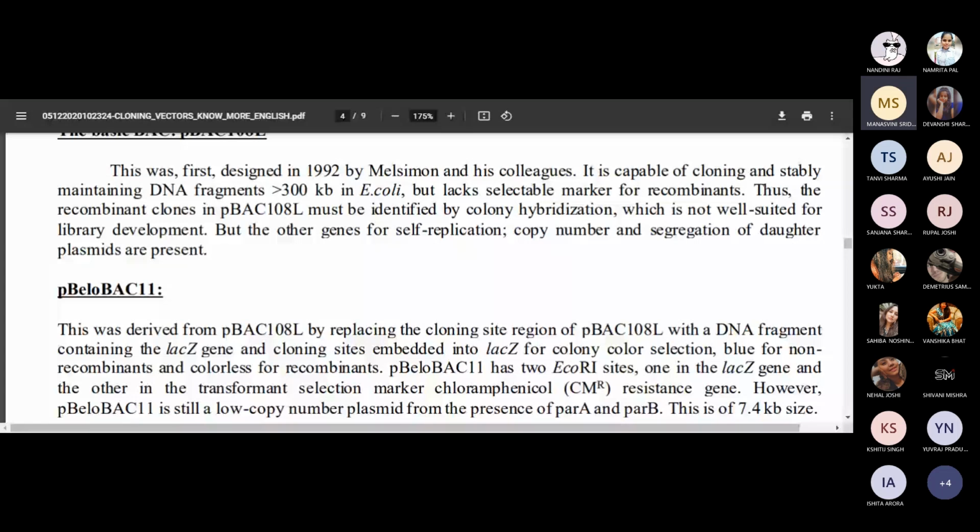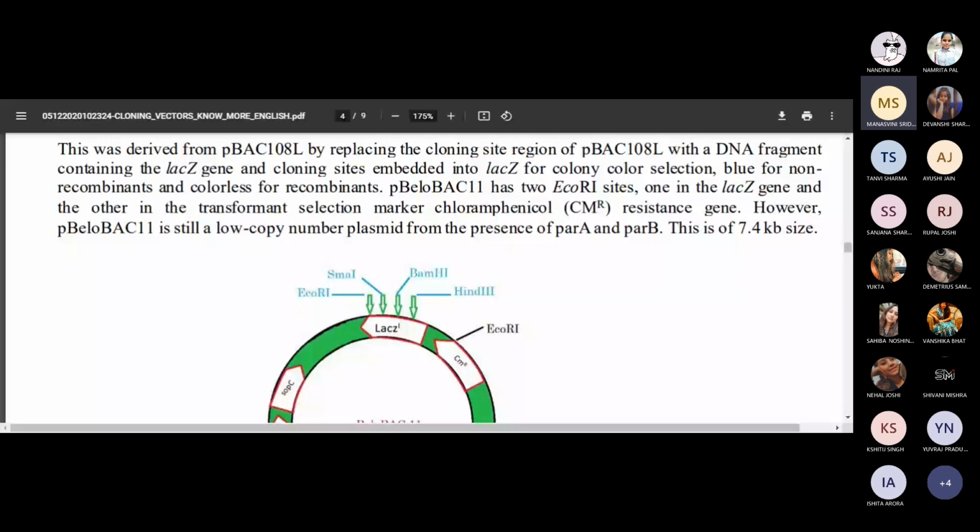This was derived from pBAC108L by replacing the cloning site region of pBAC108L with a DNA fragment containing the lacZ gene and cloning sites embedded into lacZ for colony color selection: blue for non-recombinants and colorless for recombinants. pBeloBAC11 has two EcoRI sites, one in the lacZ gene and the other in the chloramphenicol resistance gene, the transformant selection marker. However, pBeloBAC11 is still a low copy number plasmid because of the presence of parA and parB. This is of 7.4 kb size.